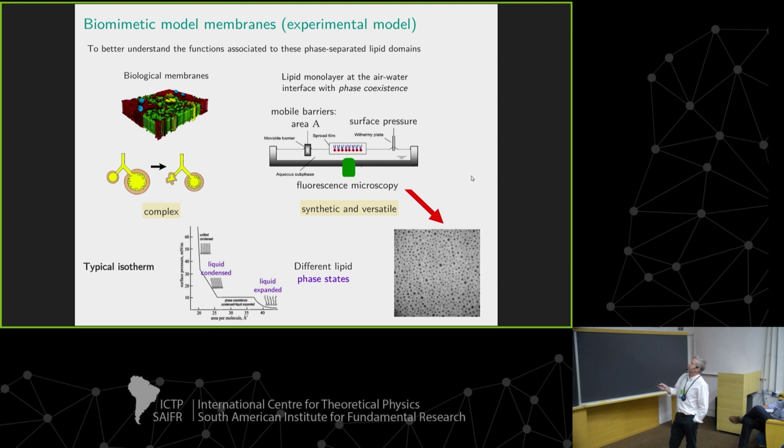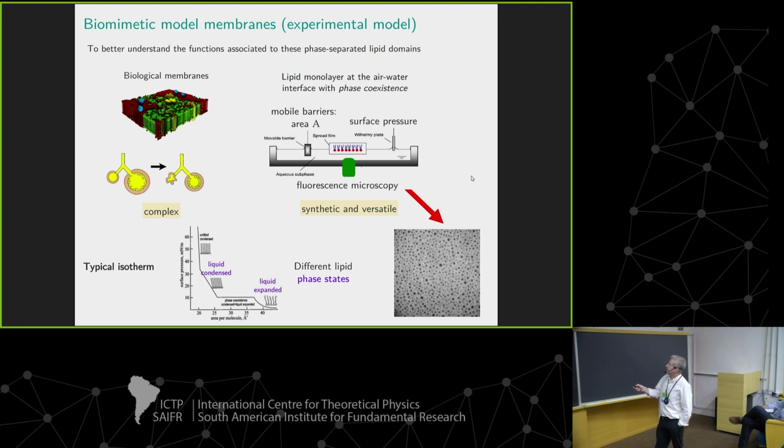Here's an example from a Langmuir balance, where they put just a monolayer of phospholipids, and by picking the right combination of lipids and the right place in the phase diagram, you can have a coexistence between two phases, a liquid condensed and a liquid expanded. The liquid condensed forms these almost circular domains, which are suspended and eventually interacting, as we see in this picture.